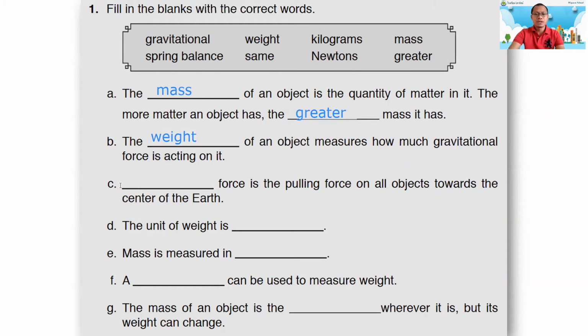Letter C. Blank force is the pulling force on all objects towards the center of the earth. What is it? Yes, you're right, it's gravitational. Please write: gravitational force is the pulling force on all objects towards the center of the earth.